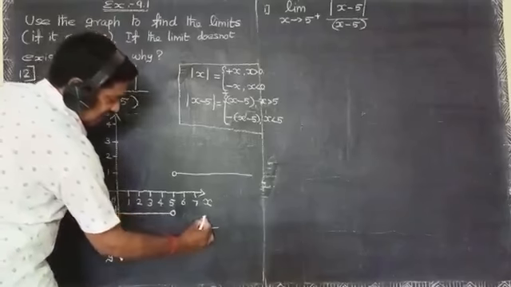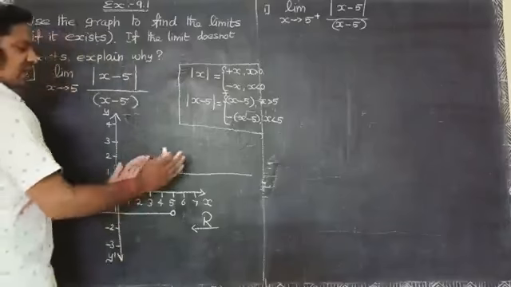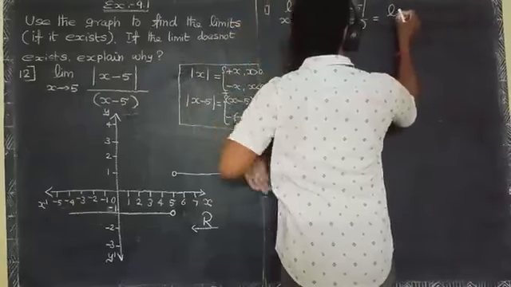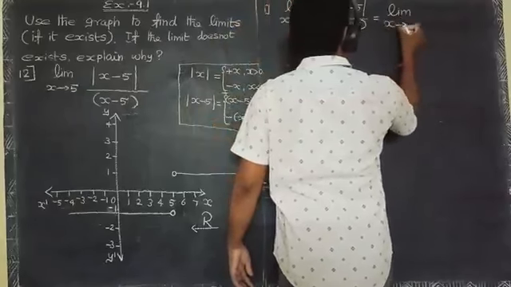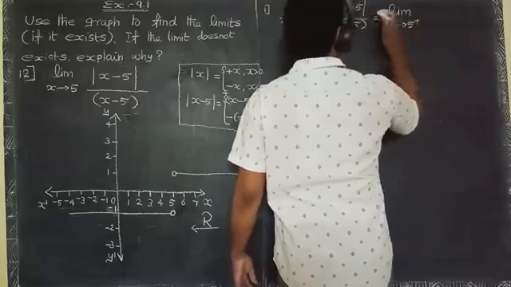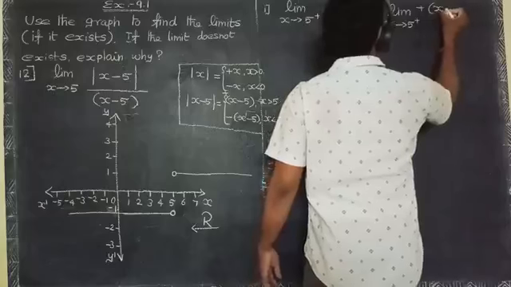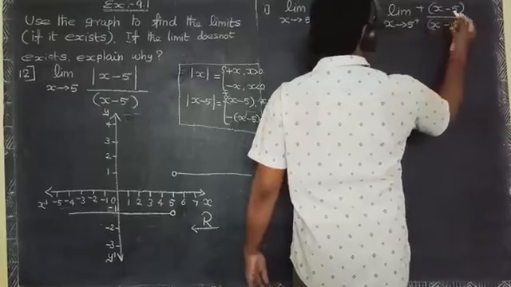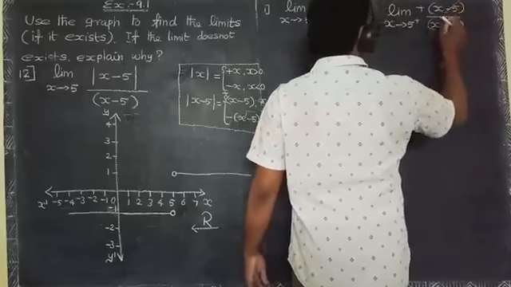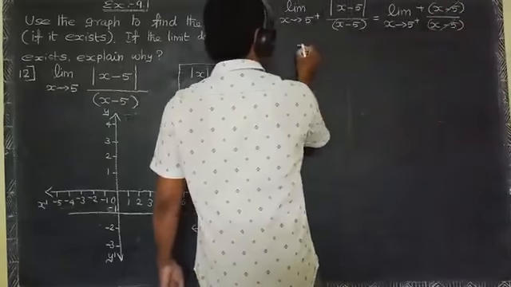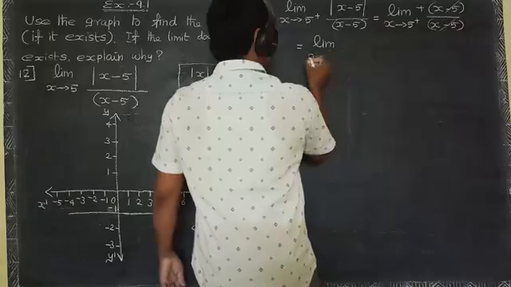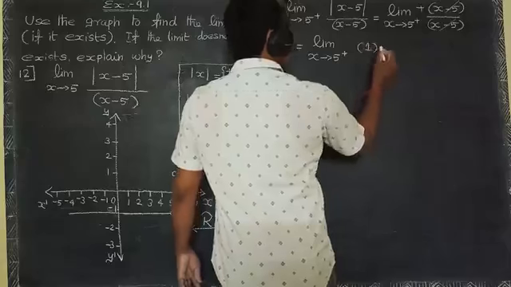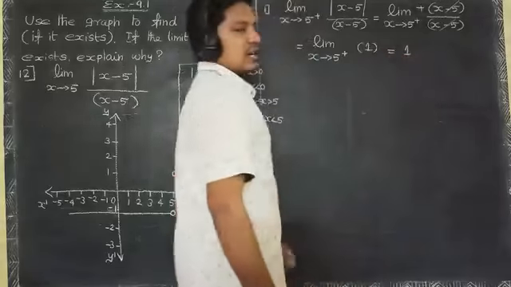From the right side, we choose the factor plus x minus 5 divided by x minus 5. Here x minus 5 cancels, and the final result is plus 1. That is, limit x approaches 5 plus of 1 is equal to 1.